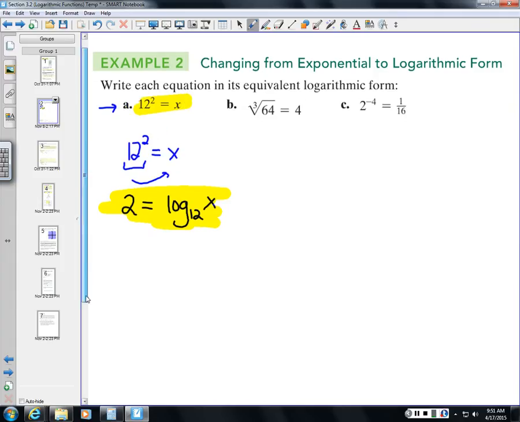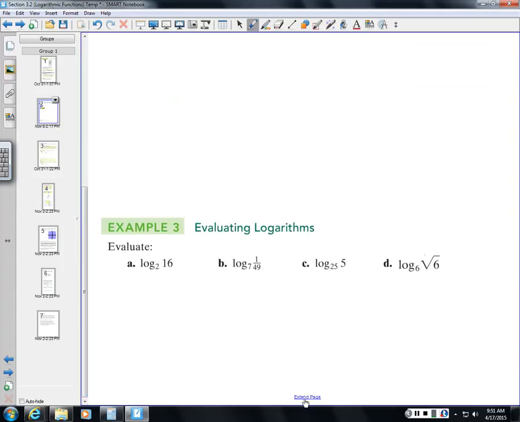Okay? And then the vice versa was true. We said log base 2 of 16, we know that that's the same thing as 2 to the y power equals 16. Okay? So we said these are the exact same thing. And the reason why we have these conversions is because we can't plug that into a calculator and solve that.